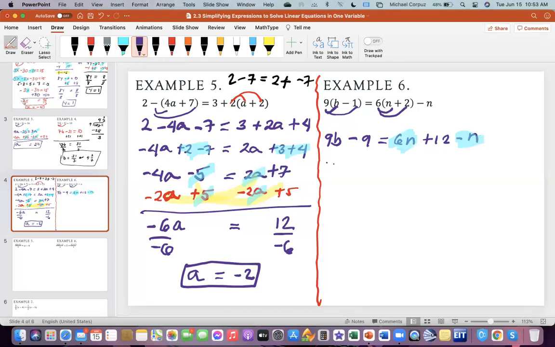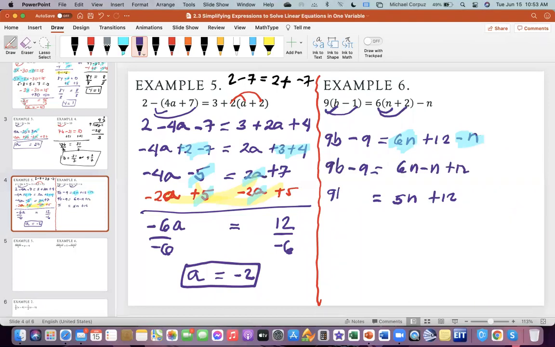You have 6n, remove 1n. How many n left? 5n. Okay, you have 5n because 6 minus 1 is 5. 5n plus 12, we have 9.